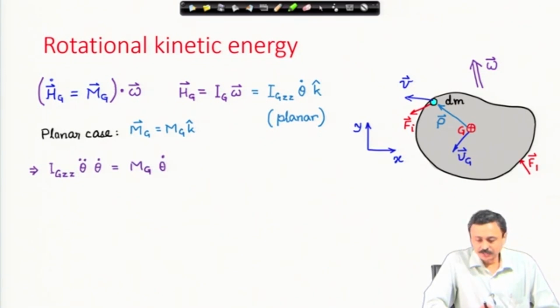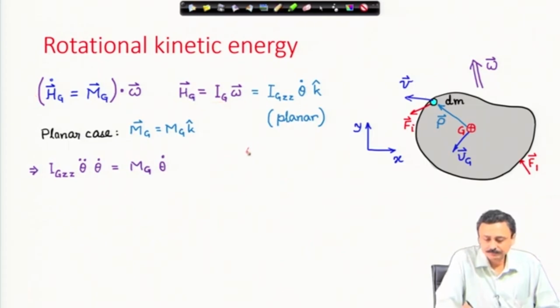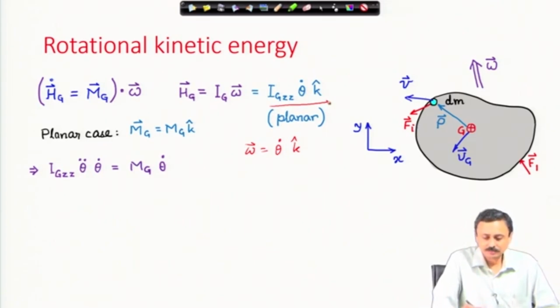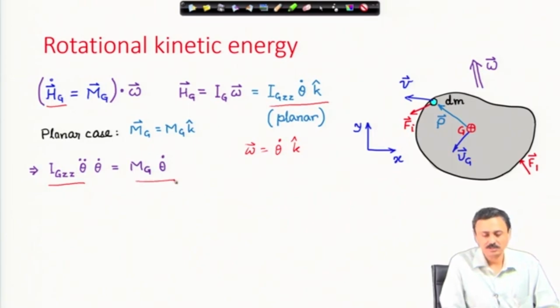I have written omega vector as theta dot k cap, and the angular momentum is I_Gzz theta dot k cap, and its time derivative is therefore I_Gzz theta double dot. On the left hand side, therefore, I have this theta double dot k cap dot theta dot k cap, that gives me this product, and on the right hand side I have M_G vector dot omega, which turns out to be this with these expressions.